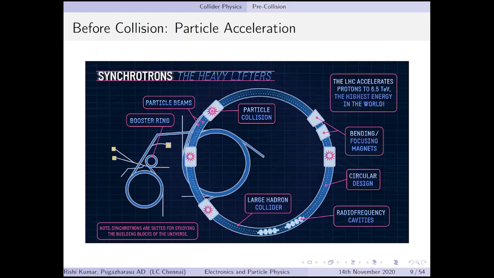So a circular accelerator must input enough energy to both speed up the protons and maintain their energy, as they lose energy continuously through synchrotron radiation. This is one of the main limitations on the energy that circular accelerators can reach.